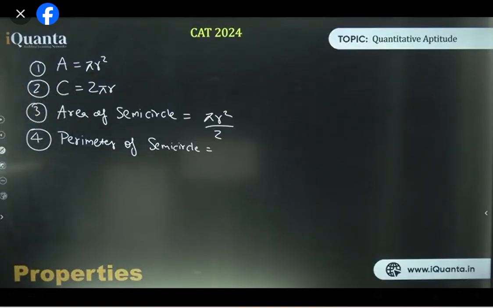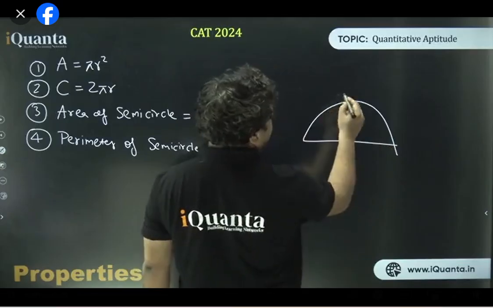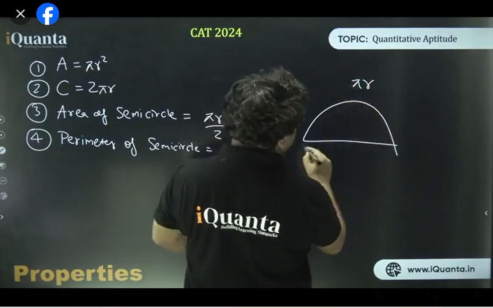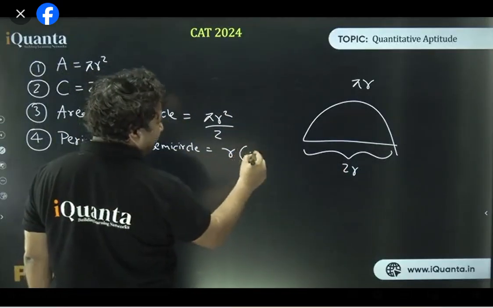Let's revise everything once first. What Manshi said in the beginning, pi r, those who are saying pi r are thinking wrong, I knew it. Why? Because a semicircle would have this arc and also a diameter, so the arc is pi r, and along with it there will also be 2r, isn't it? So pi r plus 2r, or we can say taking r common, pi plus 2.